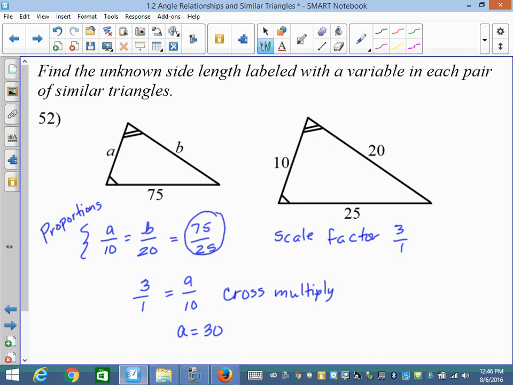So this guy here is 30. 30 what? We don't know. It's just 30. And then the other one, if we use it, we get 3 over 1 equals B over 20, which tells us that B must equal 60. So this guy here is 60. And we're done.